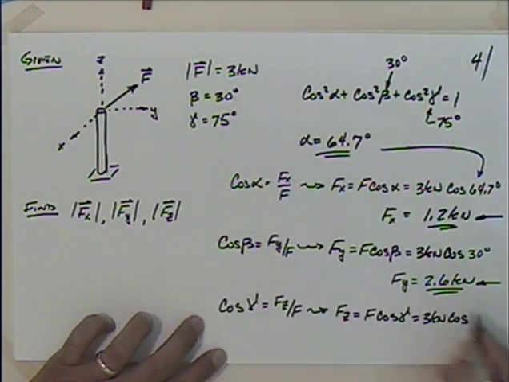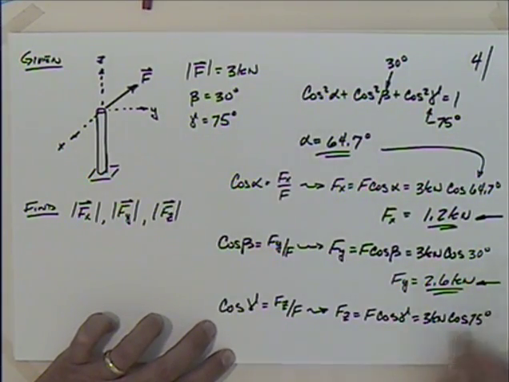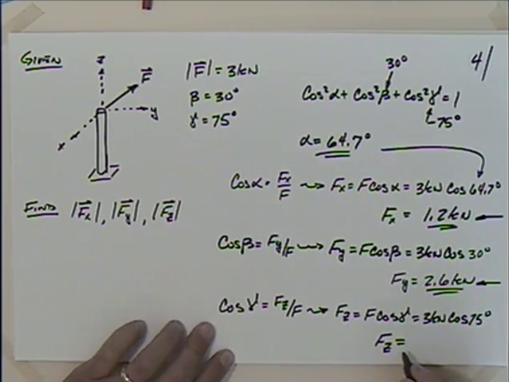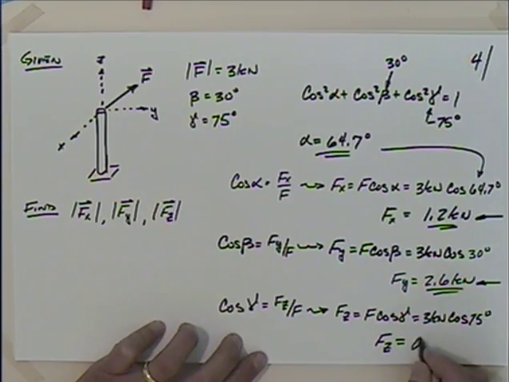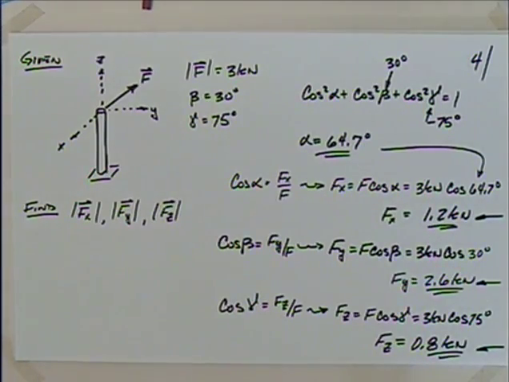Do we have gamma? Yep, 75 degrees. So we've got the magnitude F_z is equal to 0.8 kilonewtons. Got that right? 1.2, 2.6, and 0.8.